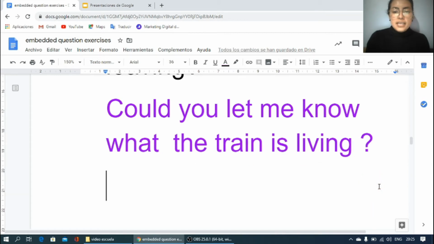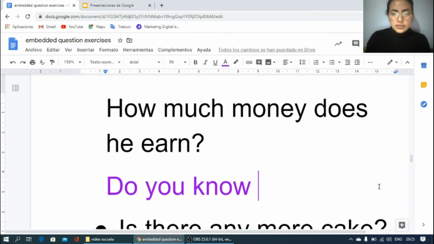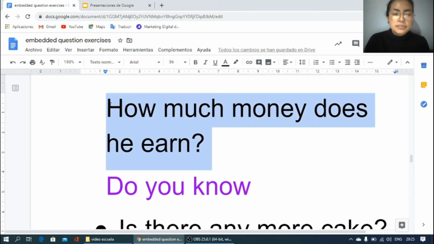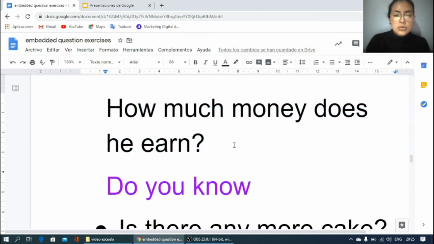Okay? Let's practice with that. How much money does he earn? In this case, this normal question is in the present. In this case, you have to use first an introduction, then the same question like a sentence, la misma pregunta pero como una oración. Okay?